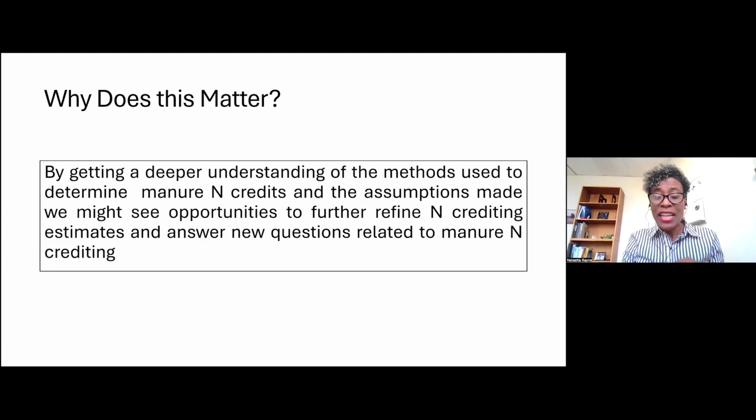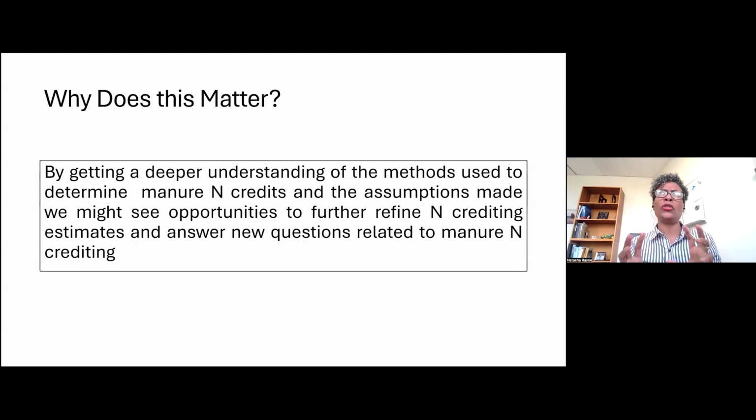But as promised, I was going to be quick with telling you why this discussion about nitrogen credits matters. Well, I believe that when we have a deeper understanding of the methods and maybe the assumptions that go into these nitrogen credits, I hope that you walk away with an opportunity to see how we may further refine nitrogen estimates.